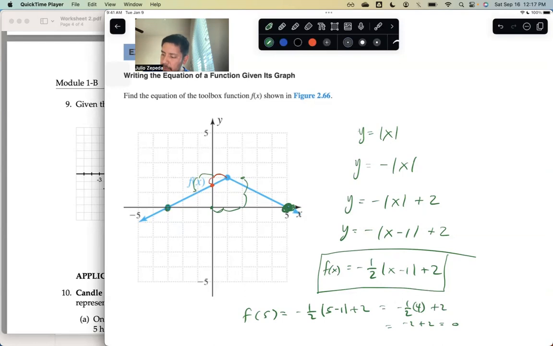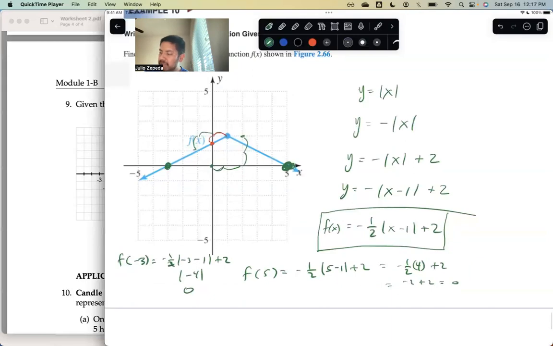I'll check this one as well. f of negative 3 is negative 1/2 times the absolute value of negative 3 minus 1, plus 2. We can see that we get an absolute value of negative 4, which is 4. 4 times negative 1/2 is negative 2, plus 2 is 0. So that's good. It looks like this checks out.